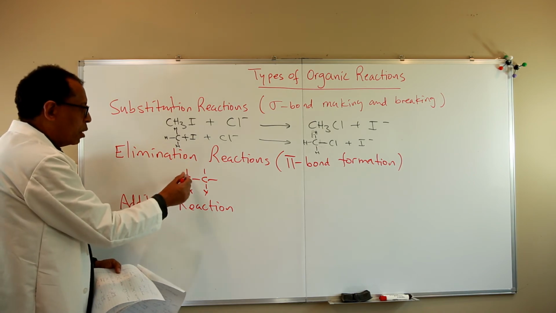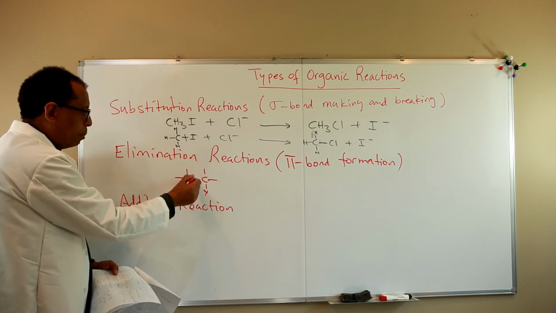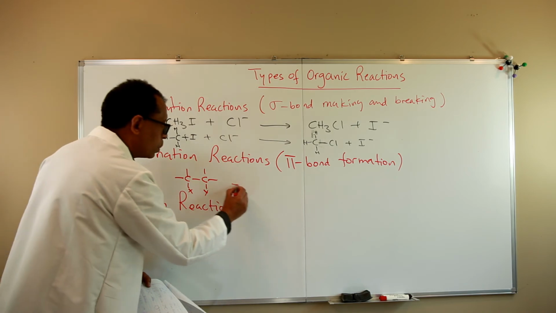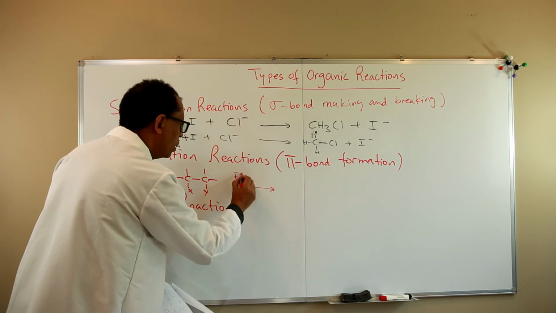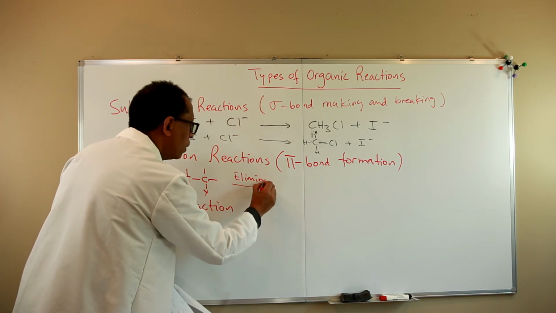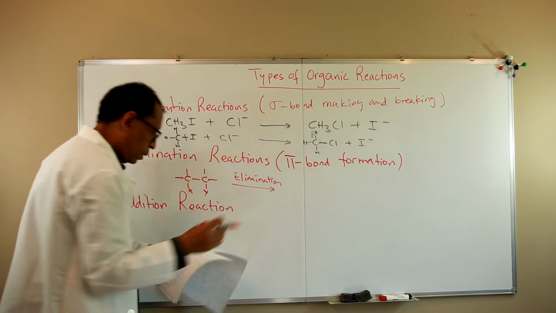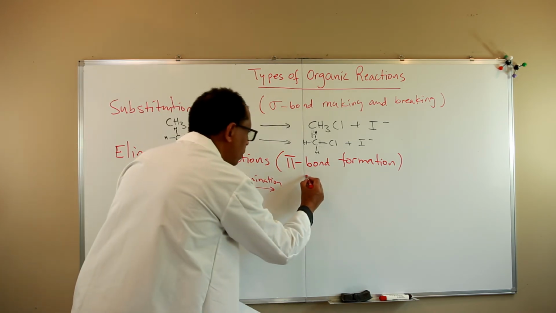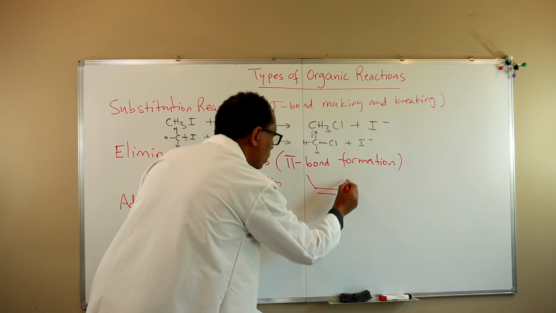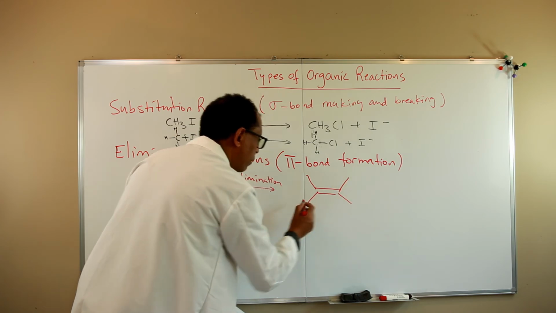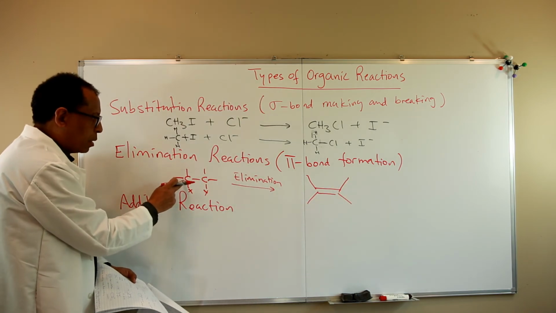So if we break this bond and that bond during elimination, you would form an alkene, for example. These are the carbons.